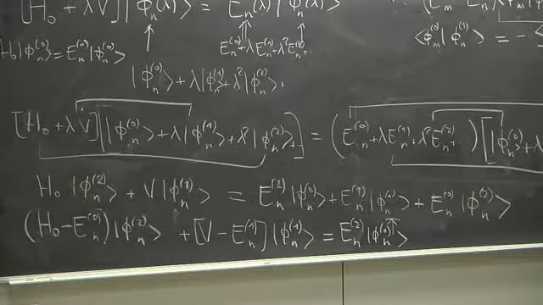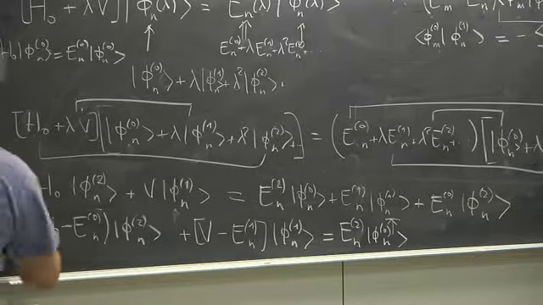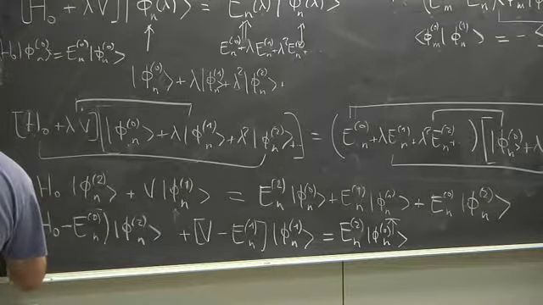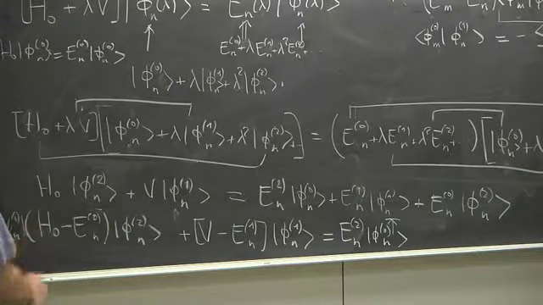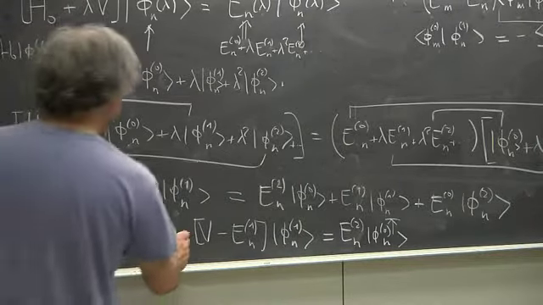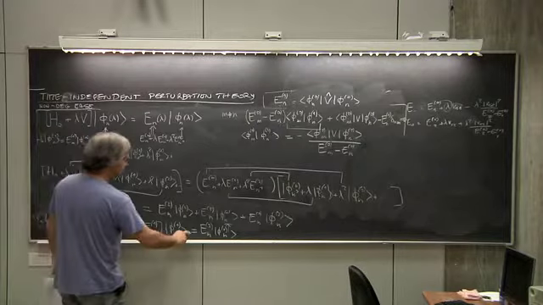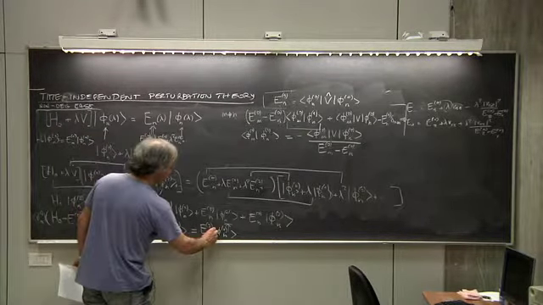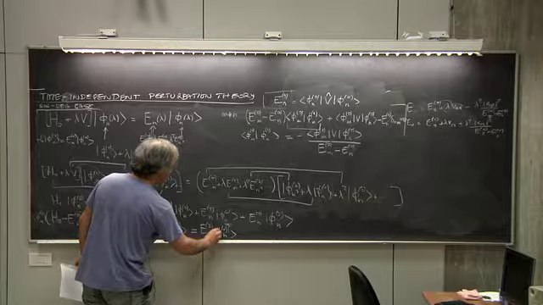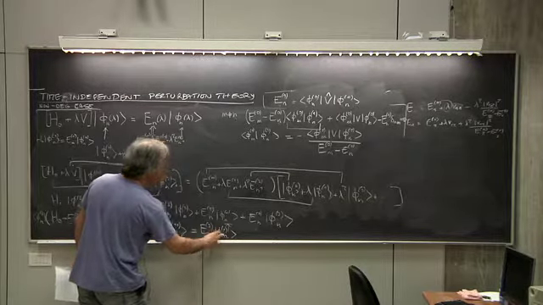So let's see. Suppose that I take now the scalar product of this thing, the usual trick as before, with phi 0n. Now, this has phi 0n, and this has also phi 0n, which is 1.